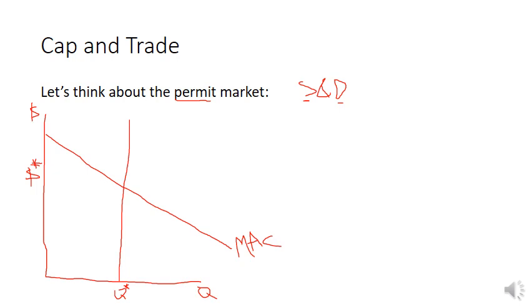Put differently, the government, the regulator, is not setting the price of a permit. It's being determined by the buyers and the sellers. But this price, in expectation, in a well-functioning, perfect market, which again we know doesn't necessarily exist, is the same as the emissions tax we were seeing earlier.